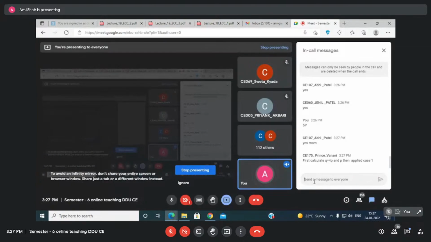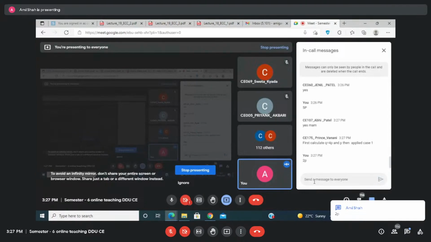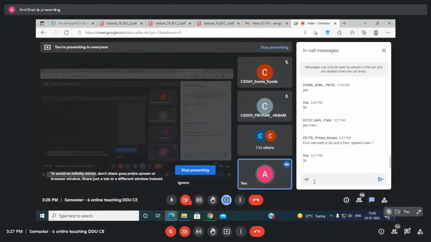Yes, perfect, Prince. First calculate Q equals 4P, and then with P apply case number 1. But see, what's the procedure? For calculating 4P, first you have to calculate 2P. Once you calculate 2P, 4P equals 2P plus 2P.